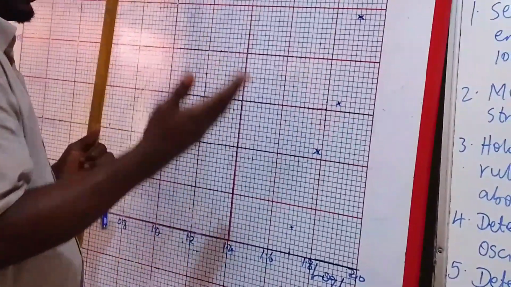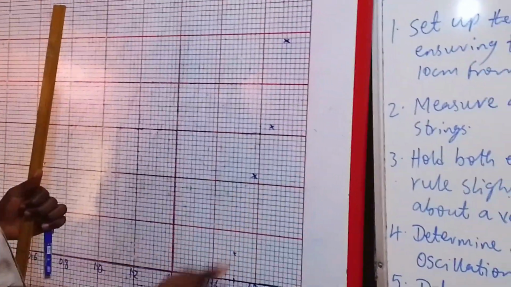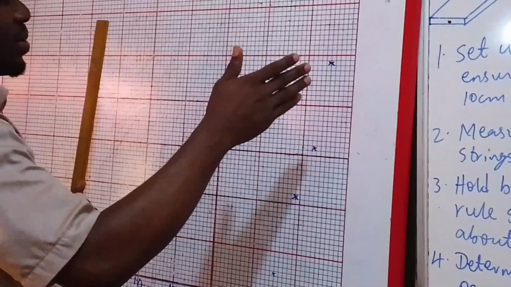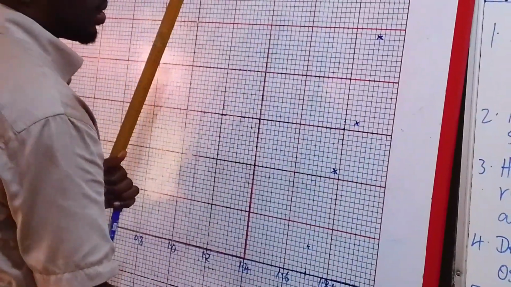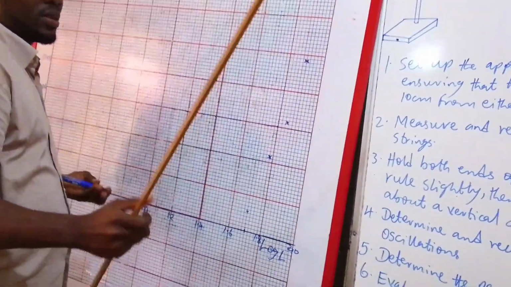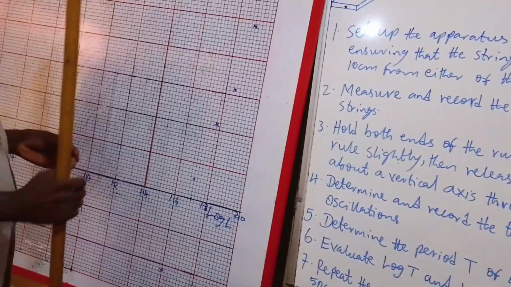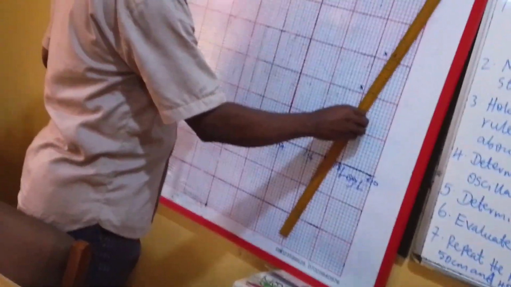For example, if in this graph I have 3 points that enter the line, of the remaining 2, one can be here, the other one here. If both of them are one-sided, you will lose a mark for line of best fit. And secondly, use a transparent ruler. This is not a transparent ruler. The reason is when I put this here, I will not be able to see the points clearly.